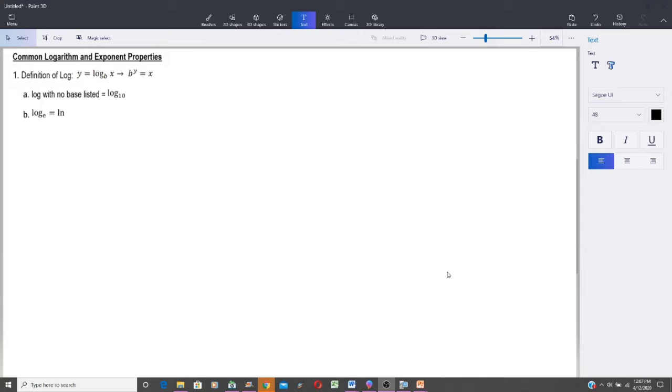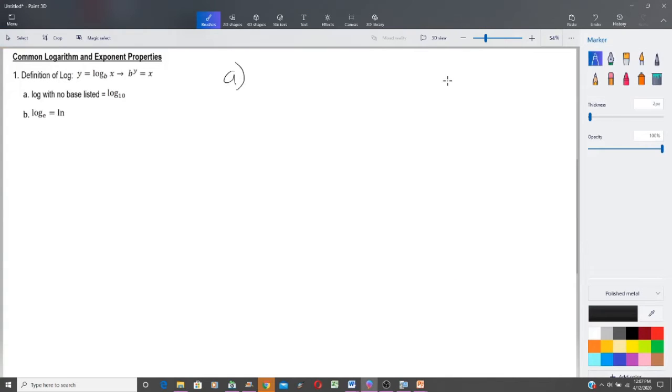All right, let's take a look at example 1 on page 327. It says, write each of the following exponential equations in logarithmic form. And it starts out with part A that says 3 squared equals 9. All right, so how do we convert that? Well, again, if we look here at the definition of log, the b in this case is going to be 3.